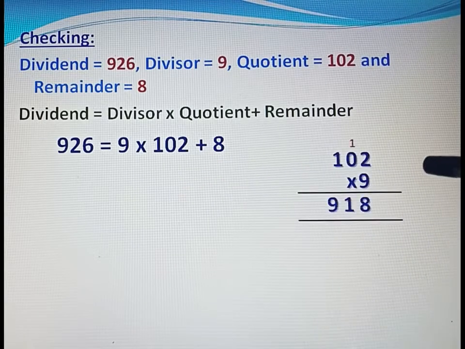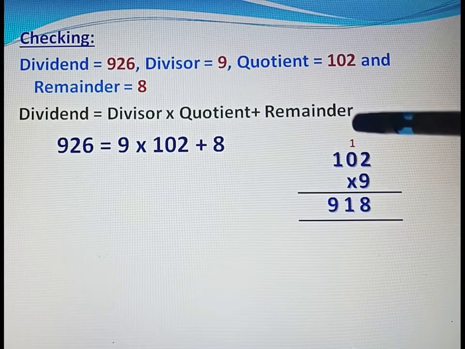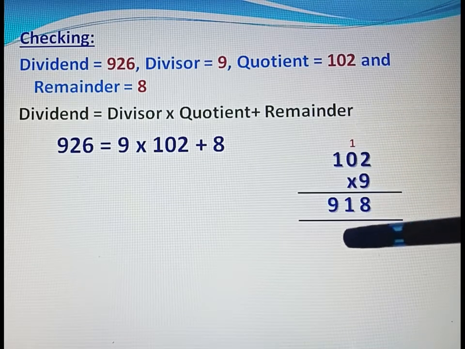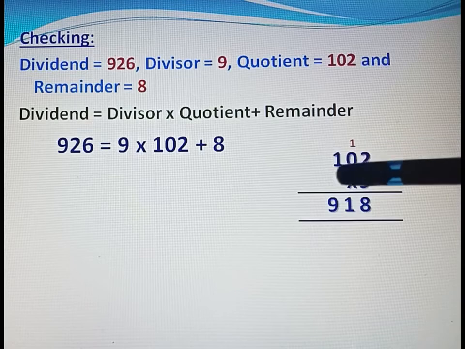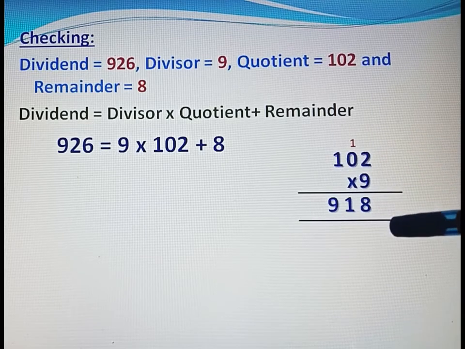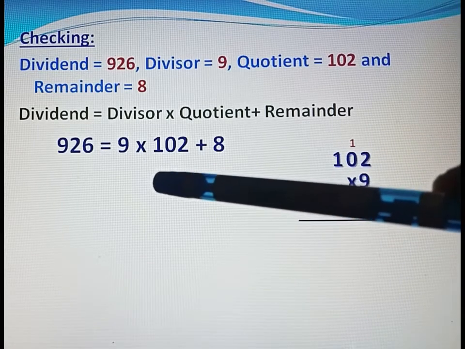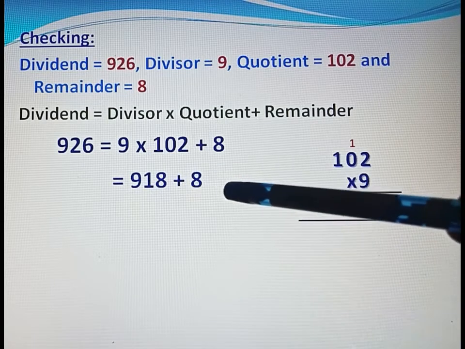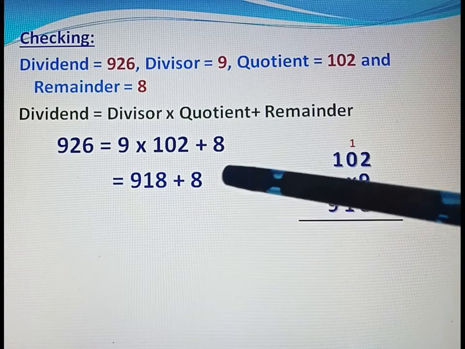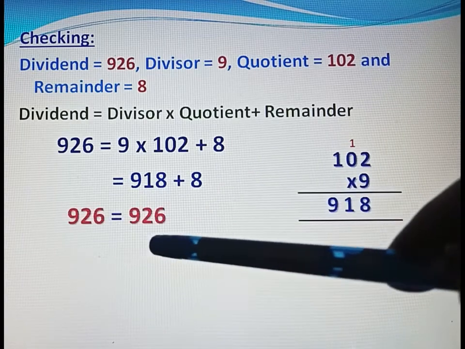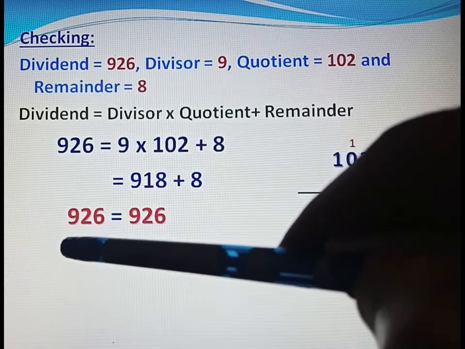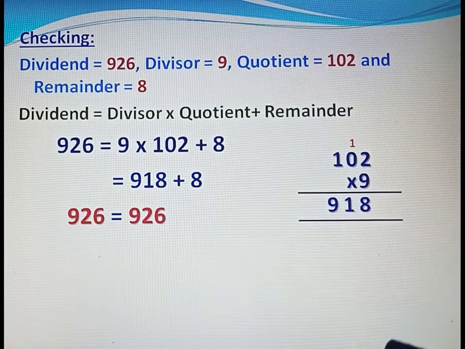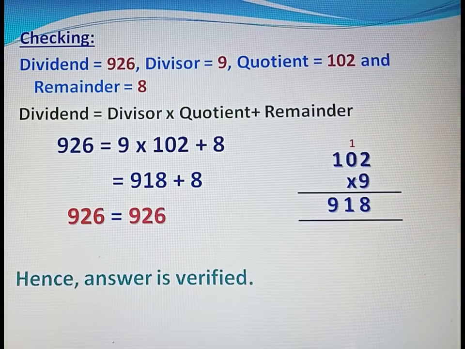Multiply 9 2 ja 18, 8 1 carry, 9 0 ja 0 plus 1 1, 9 1 ja 9. 102 multiply 9 equal 918. Right here 918 plus 8, and we will add 918 plus 8 equal 926 and dividend equal 926. Hence answer is verified.